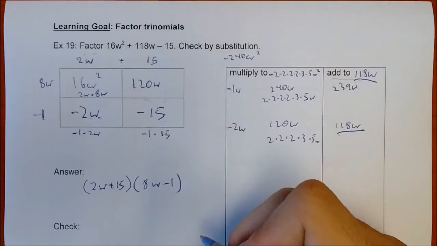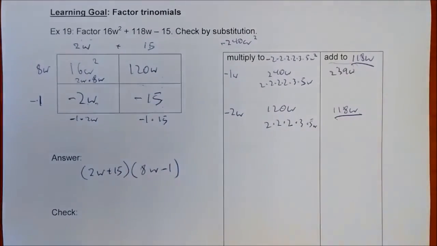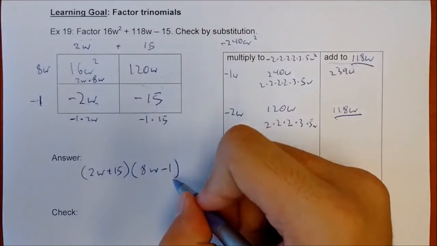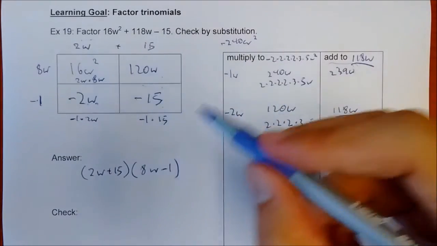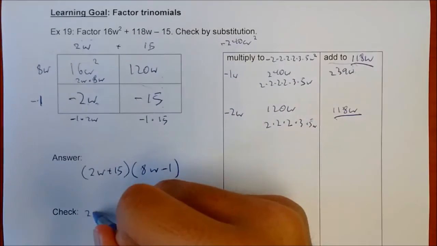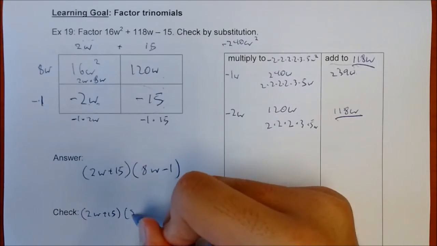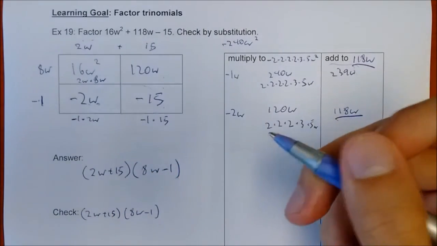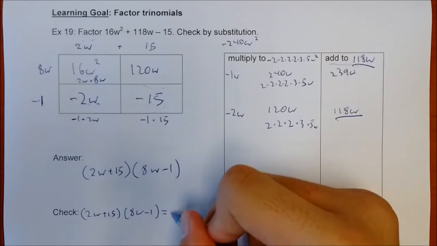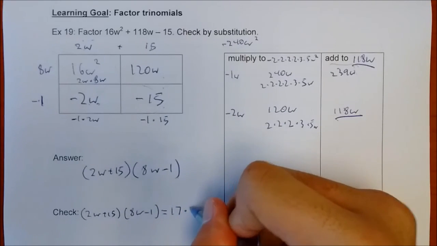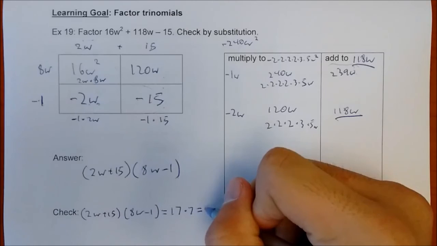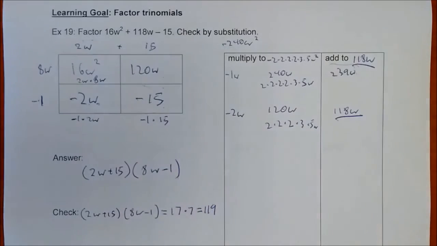To check our work, we're going to substitute in w equals 1 into both our factored expression and our original expression. Starting with our factored expression, 2w plus 15 times 8w minus 1 for w equal to 1 is going to equal 17 times 7, which is equal to 119.